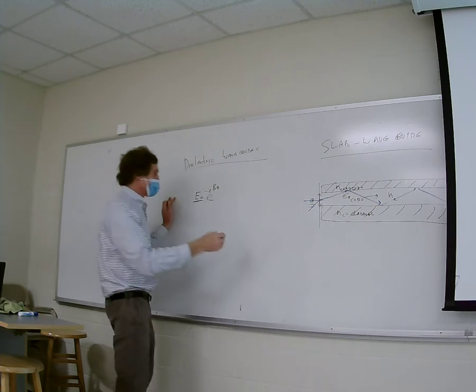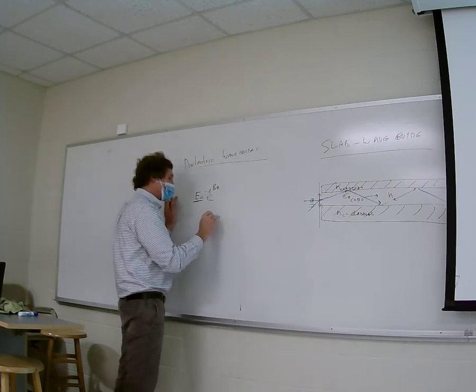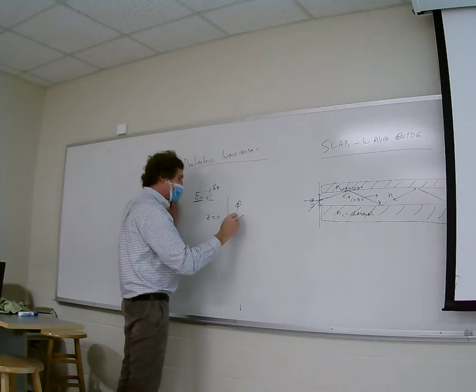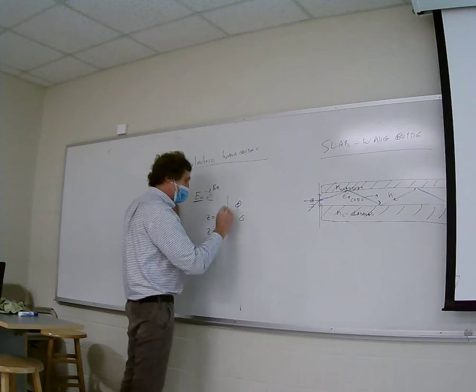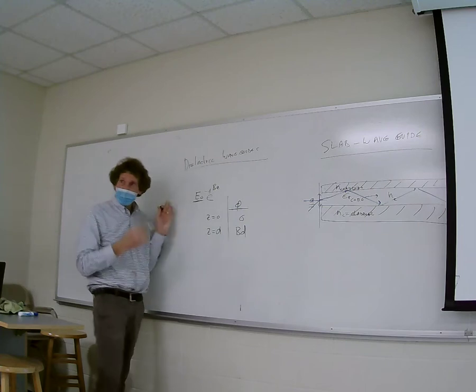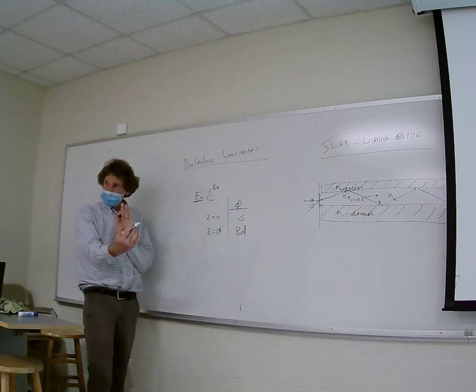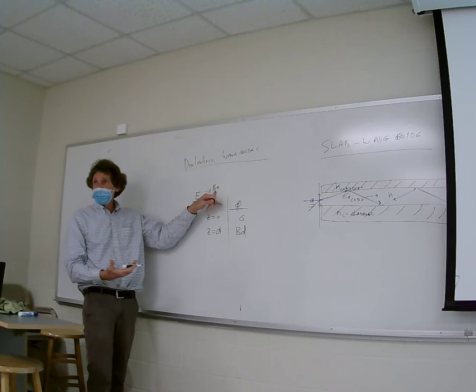So when we take a look at the phase difference, when z equals 0, the phase here would be 0. At z equals any distance d, the phase change in radians would be beta d. Do you all follow me? That's just the phase change.